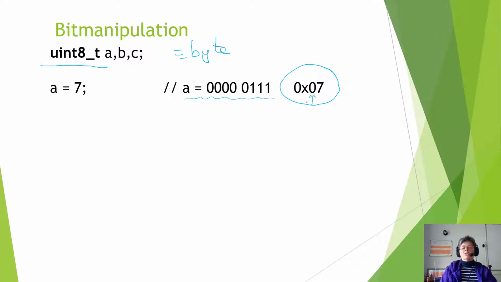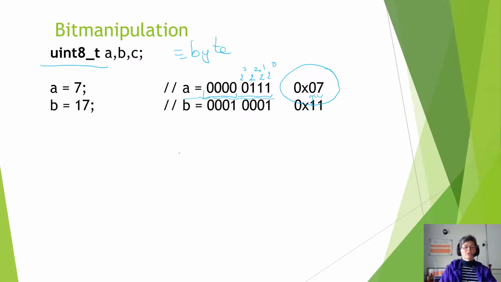So the 0 is for the first nibble, so in this case 4 zeros, and the 7 is for the next nibble. So in this case 3 ones, 2 to the power of 0, 2 to the power of 1, 2 to the power of 2, 2 to the power of 3. So that's 1 plus 2 plus 4, 7.